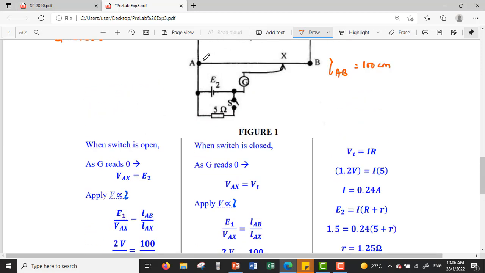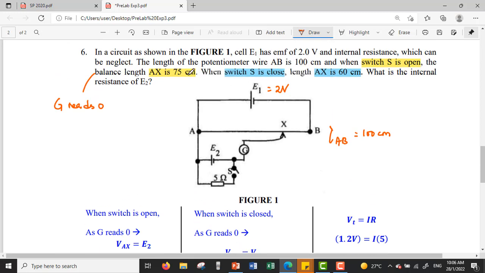So we try to determine the voltage across A to X, where the length is 75 cm. In the primary circuit, the 2 volt E1 is connected across point A and point B, so for 2 volt the length is 100 cm. With a balance length of 75 cm when the switch is open, what is the voltage across this balance length?